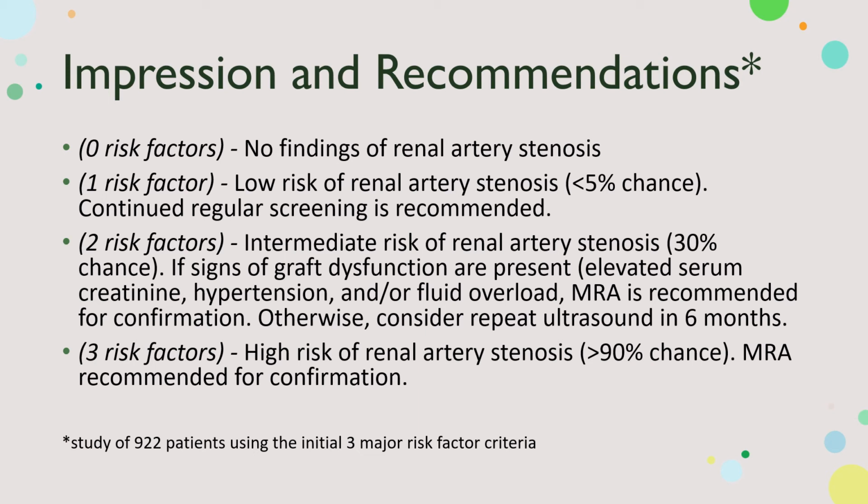And so those that went on to additional imaging or angio may have had renal artery stenosis, but it wasn't clinically significant. And so the intermediate risk was now defined as 30% chance of having a stenosis, and then they need to clinically correlate, which is listed there, and then MRA can be performed for confirmation, or they can consider a repeat ultrasound in 6 months. And then 3 risk factors puts them at a high chance of having stenosis, and we will recommend an MRA.